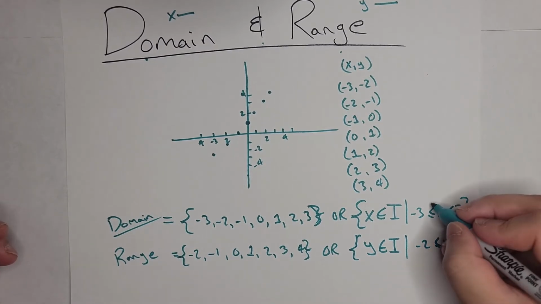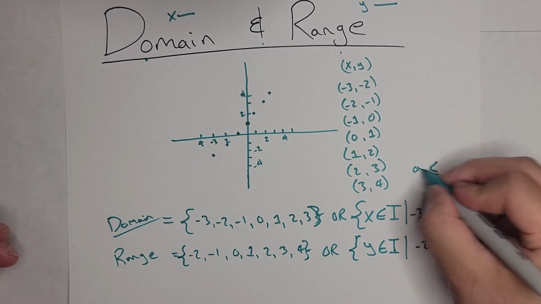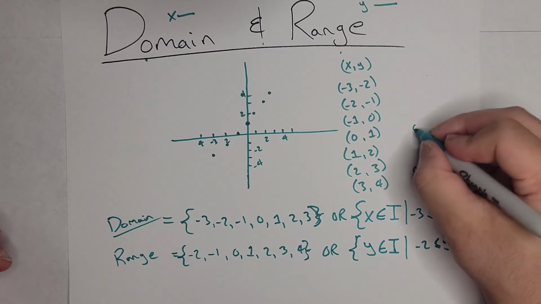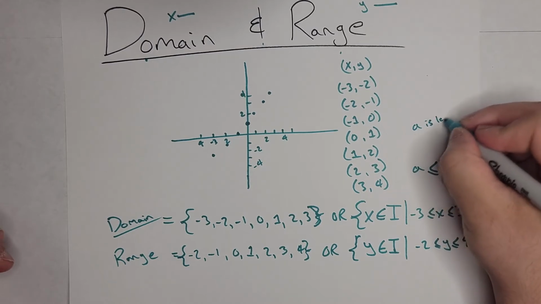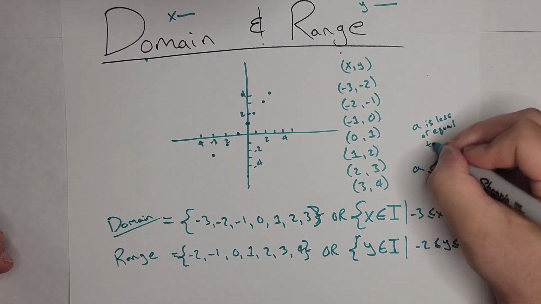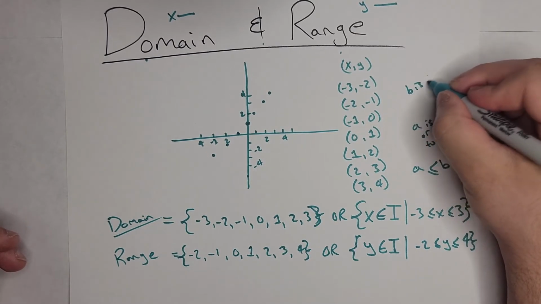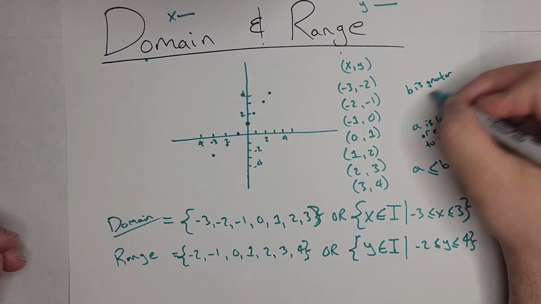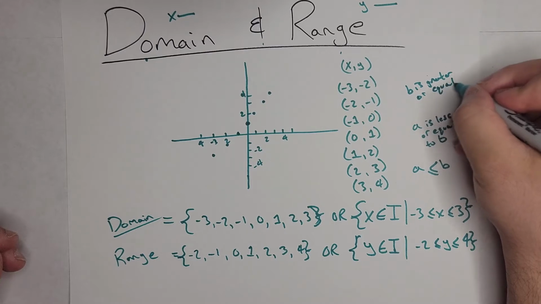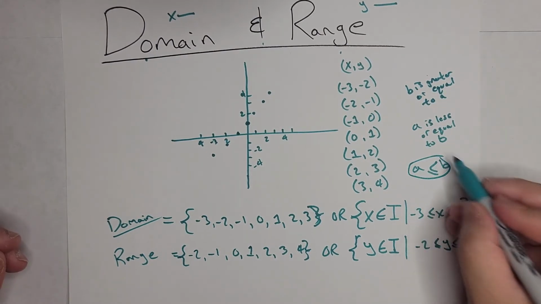And I put this sign here. This means A is less than or equal to B, or B is greater than or equal to A. That's what this sign means right here.